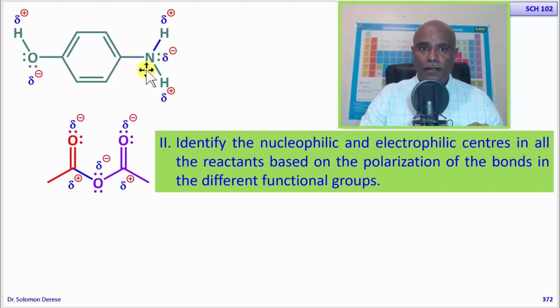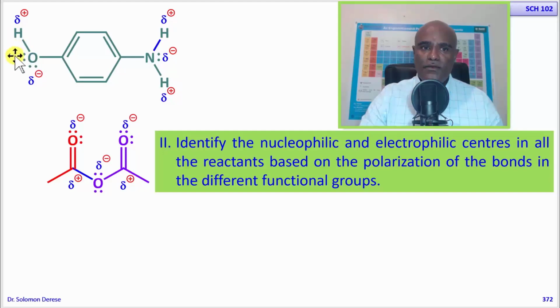For example, in here we have a bond between nitrogen and hydrogen. Okay, nitrogen and hydrogen. As you know, nitrogen is the third most electronegative element. So nitrogen is more electronegative than hydrogen. So nitrogen will pull the electrons of this bond towards itself. That's why on the nitrogen we have partially negative charge. On the hydrogen we have partially positive charge. The other polarized bond is between this oxygen and this hydrogen.